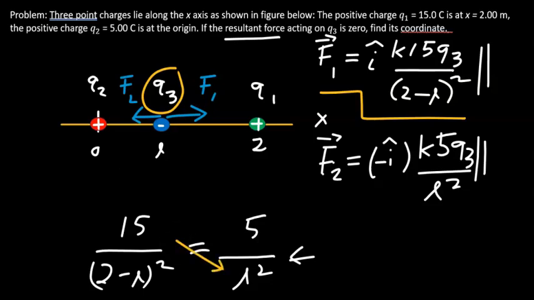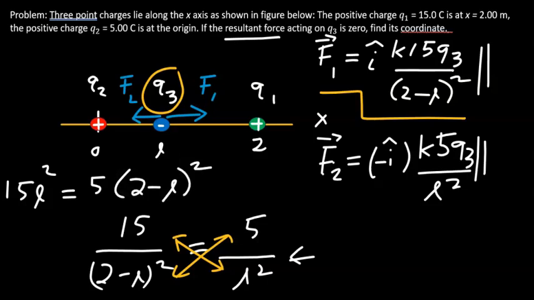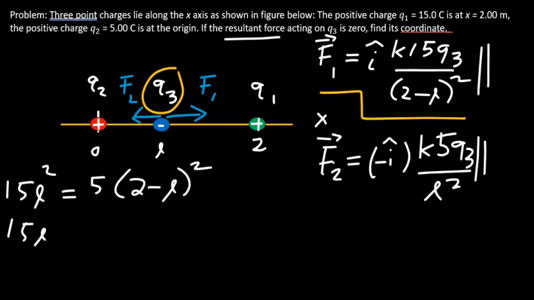Let's cross multiply this equation to turn it into a normal quadratic equation. So you get 15 L squared equals 5 times (2 minus L) squared, which is just 15 L squared equals 5.